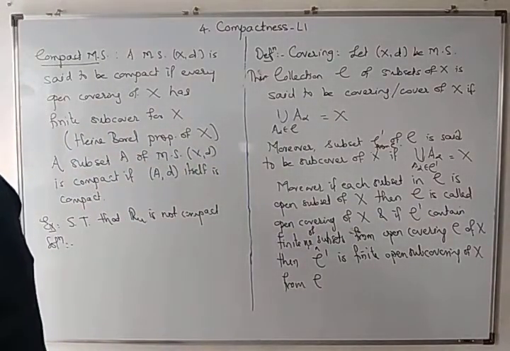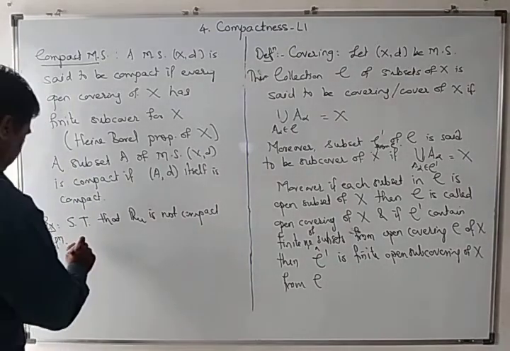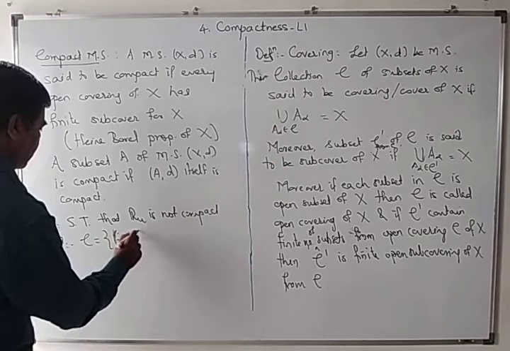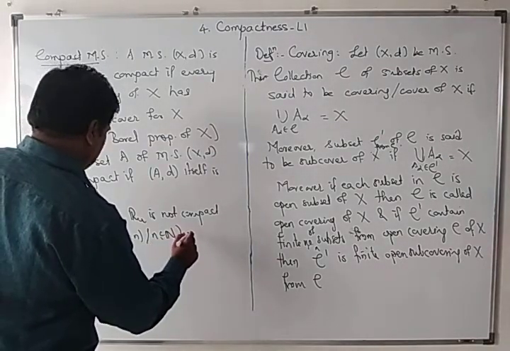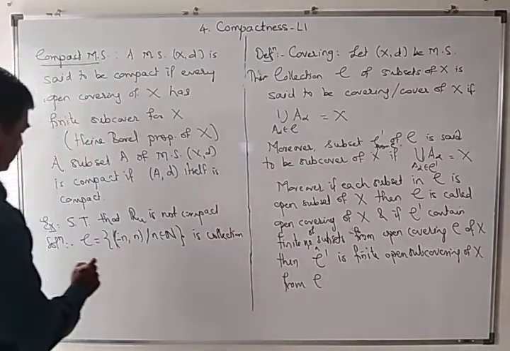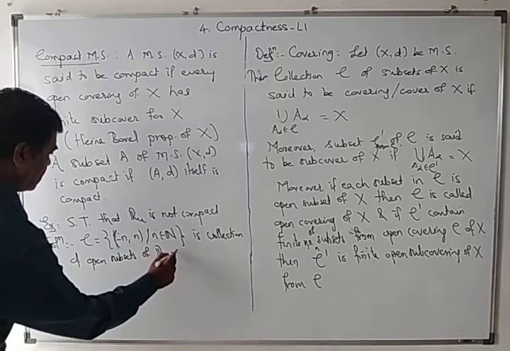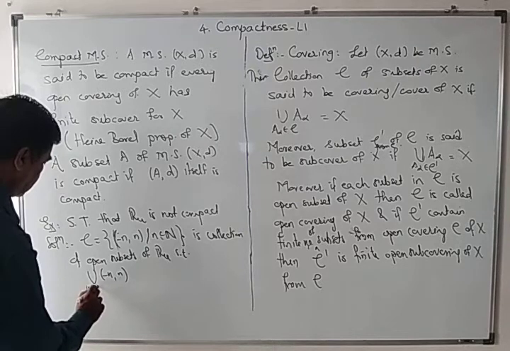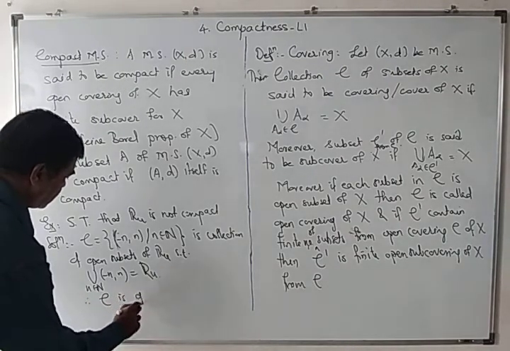So, here if I take, say, the intervals (-n, n), for example, C is equal to {(-n, n) : n belongs to N}, a collection of open subsets of R such that the union of (-n, n), n belongs to N, is equal to R. Therefore, C is an open covering of R.